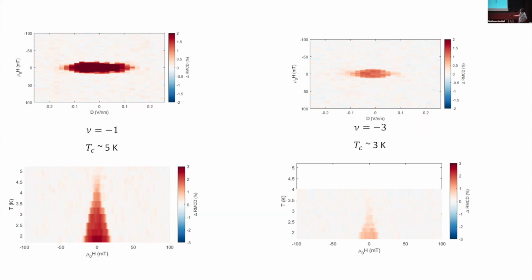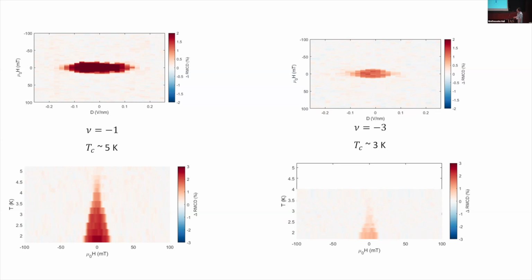Everything is consistent: we can use the electric field to control the ferromagnetism, and the signal can survive all the way to about 5 kelvins. This is for filling factor -1, but for filling factor -3, we can also use the electric field to control the ferromagnetism, and again, the Curie temperature is about 3 Kelvin.